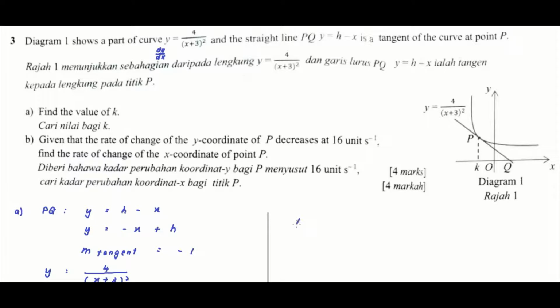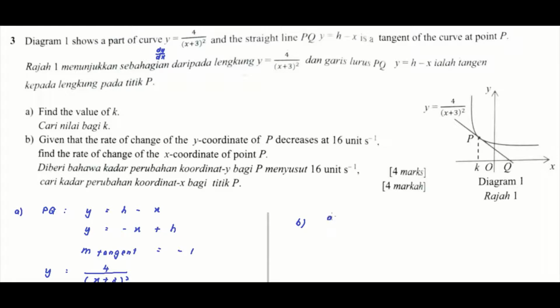Given that the rate of change of the y coordinate of P decreases at 16 units per second. Okay, so how do we express this in a mathematical term? Remember the words rate of change, meaning that we are talking about how y is going to change when time is changed.